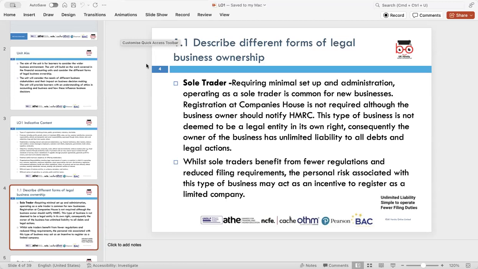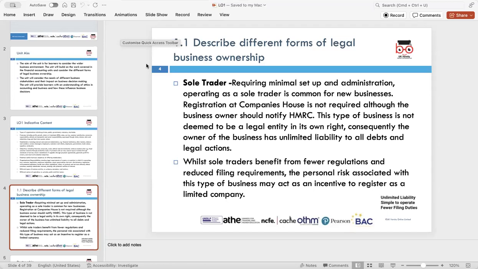So, sole traders. Enterprises operate as sole traders because this type of business structure requires very little initial setup and management. The owner of the company is responsible for informing HMRC, the tax office. However, registration at Companies House is not required. Because this kind of business is not considered to be a legal entity in its own right, the owner of the firm is accountable for any and all debts and legal actions that may be brought against them.